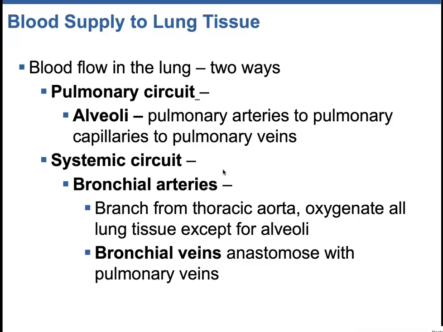But the lungs themselves also are tissue. So the alveoli actually receive their oxygenation from the blood that is coming in through those pulmonary arteries. Remember that even though that blood has a lower oxygen concentration than the arterial blood that is rich in oxygen in the systemic circuit, we still have enough in there to oxygenate the actual cells of the alveoli.